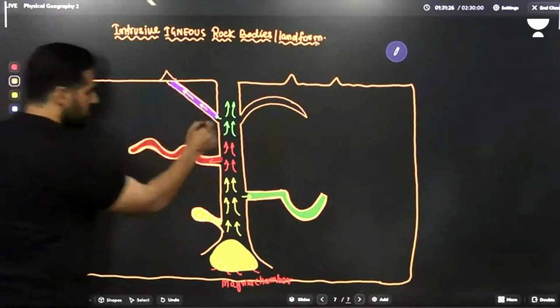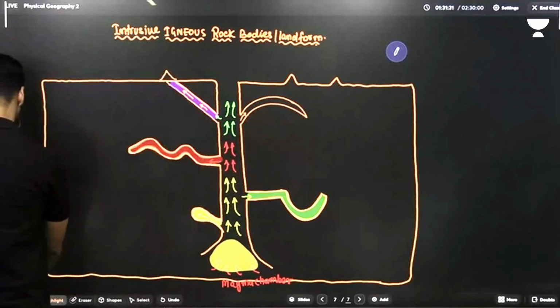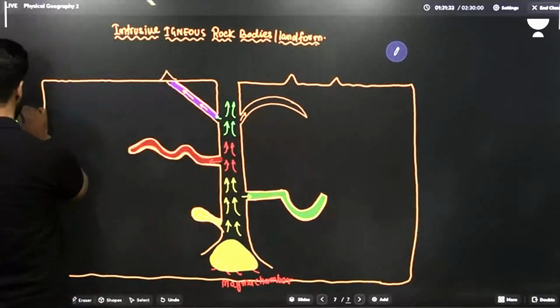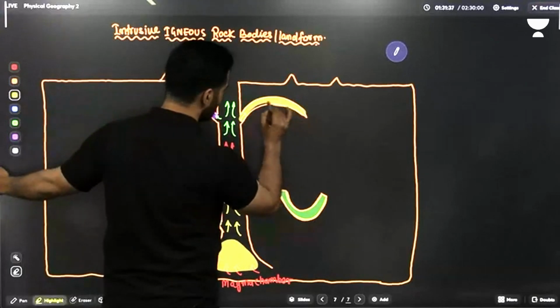Is it clear? Similarly, here can I say it can enter here also? As it enter here also, it might get trapped there and begin to get solidified and cool down here.